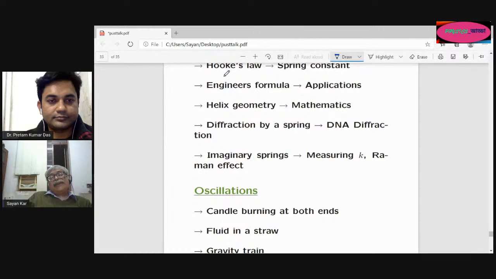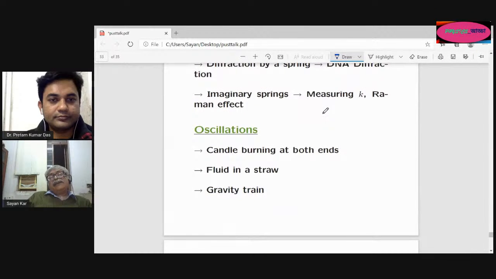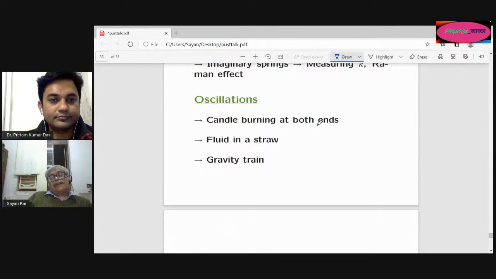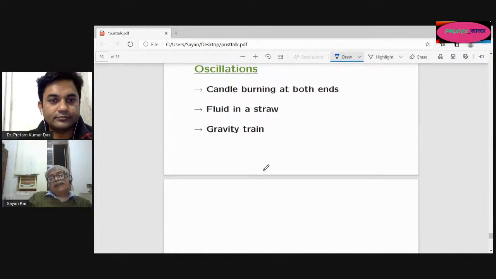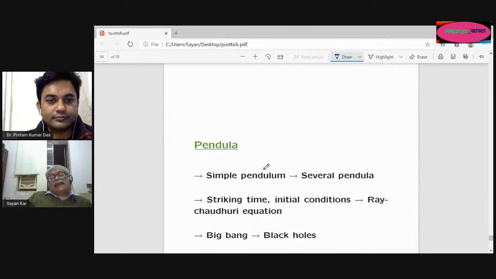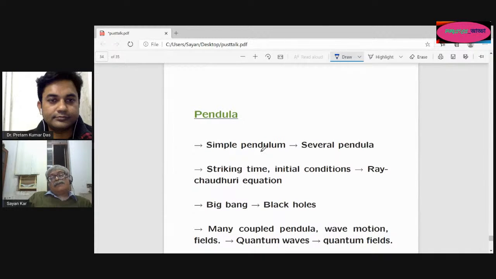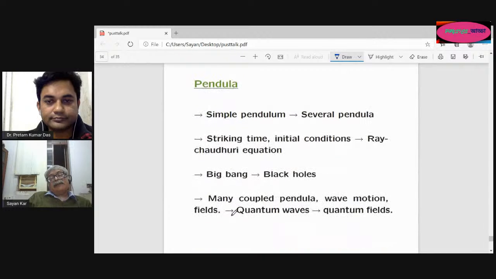This led me to oscillations, and I gave you three simple examples: a candle burning at both ends, fluid in a straw, and the gravity train. Then I talked about pendula, simple pendula, several pendula. Then I looked at the striking time and the initial conditions, and told you about the Raychaudhuri equation, the Big Bang and black holes.